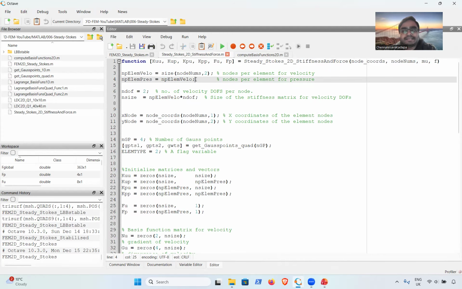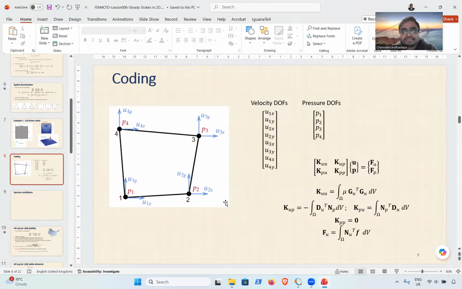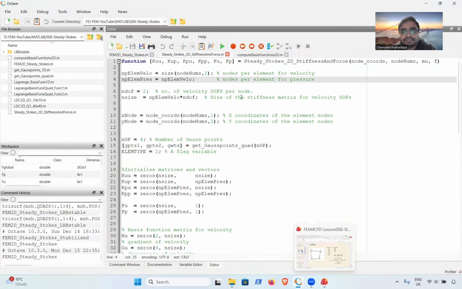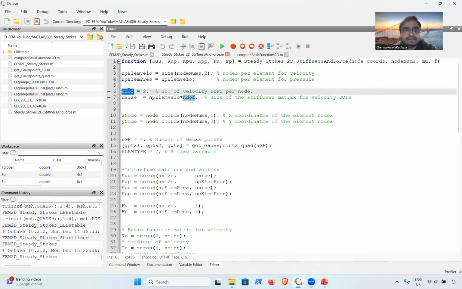As you will see in the next parts, these can be different, but for this part they are the same. We have 4 nodes for velocity, we have 4 nodes for pressure, but each node for velocity has 2 degrees of freedom. That is why NDU, the number of velocity degrees of freedom per node, is 2.